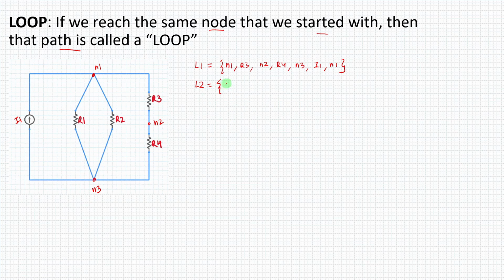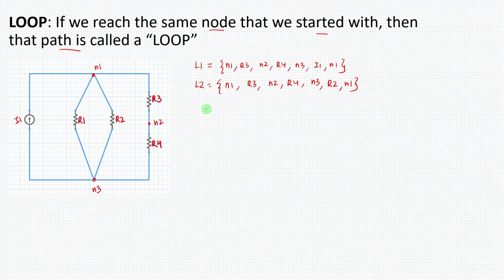So the next path I'm going to take is N1, R3, N2, R4, N3, R2, and N1. Let us see in the diagram where that path is. I'm starting at N1, going to R3, then through R4, going to N3, then I'm coming to R2 and back to N1. So I've moved the path like this, and I've come back to N1.